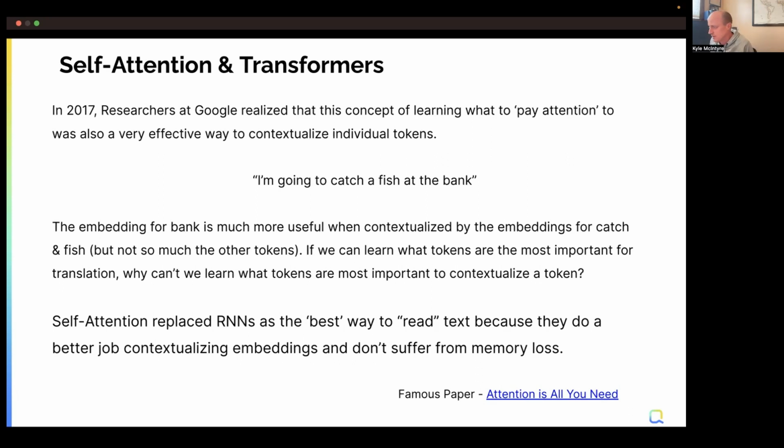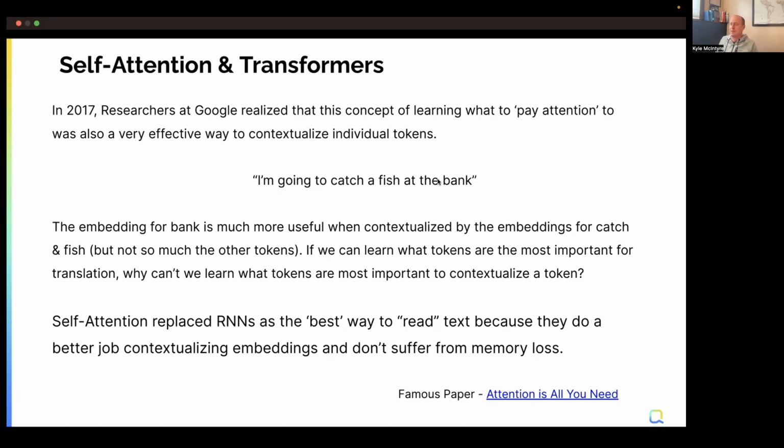And so this had been a long-standing problem, but the concept of attention that was developed in translation morphed into this concept called self-attention, where, to embed any given token, we would go look at all the other tokens in the sequence and figure out which ones are most important to contextualizing the meaning of bank, and we'd pay attention to all of them together.